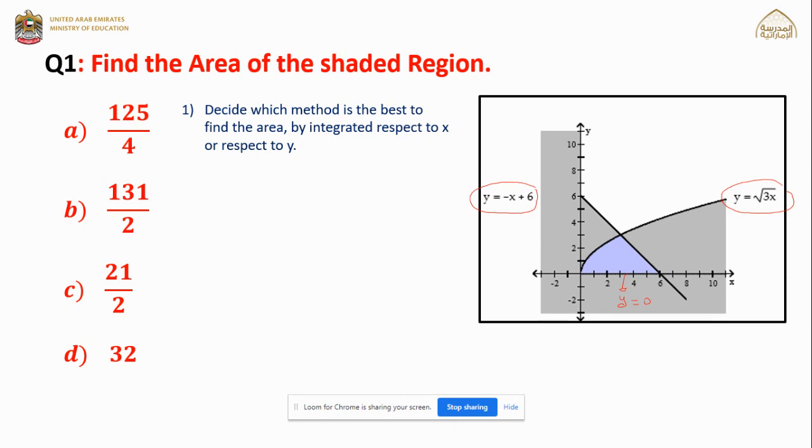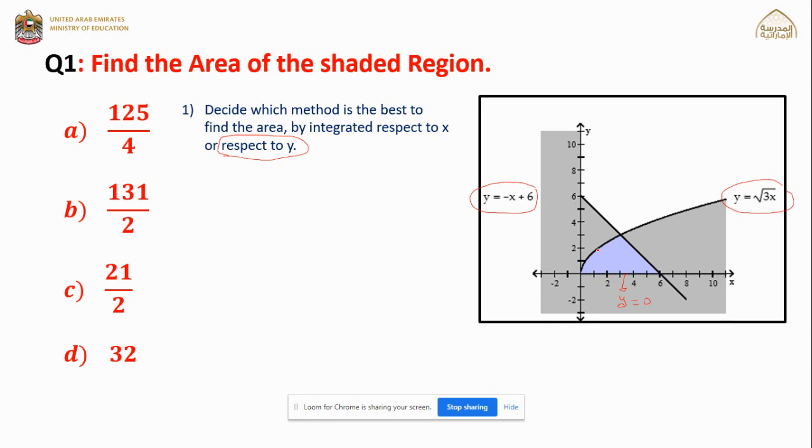The first step in our solution, we must decide which method is the best to find the area, integrating with respect to x or with respect to y. As I see here, it's better for me to choose with respect to y, and I will explain why.